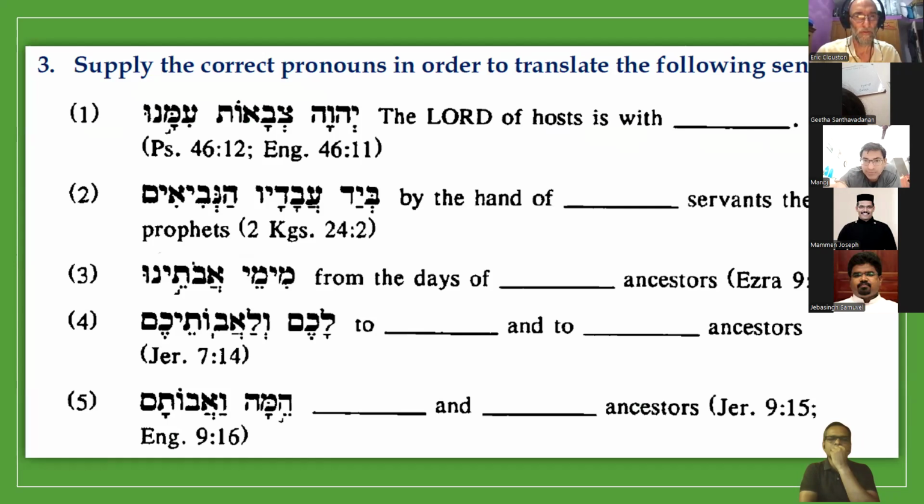It is plural, their ancestor or their ancestors. When you conjugate, how do you conjugate and translate? Because it is third masculine plural, so we have to add there.